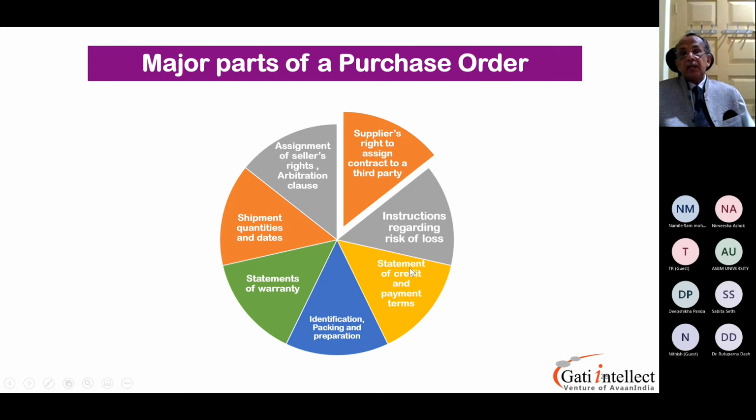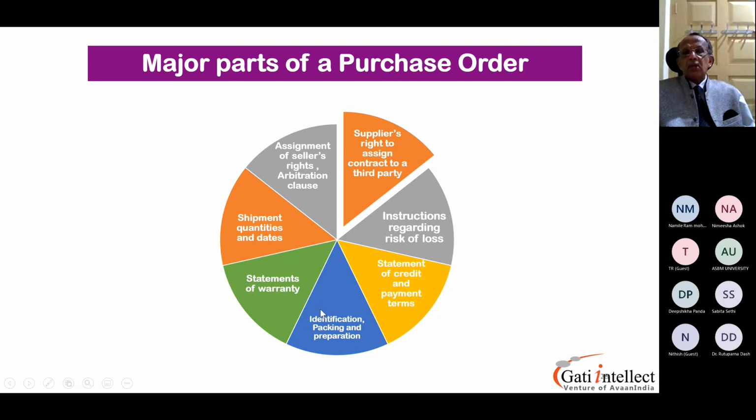Then the statement of credit and payment terms will always be shown properly on the proforma invoice. It's called documentary credit. Always remember that for all international trading transactions, there will be a letter of credit. There can be other arrangements as you go along.